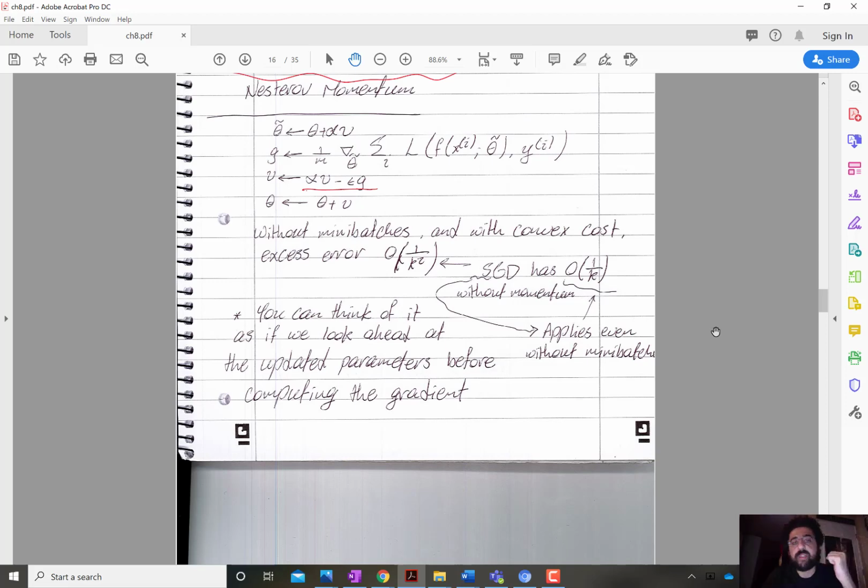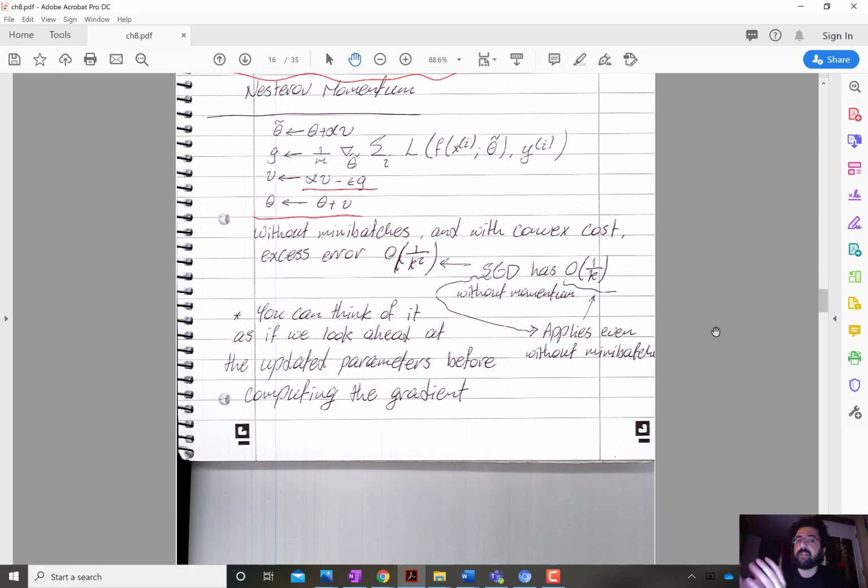And what Nesterov momentum does is that before it computes the gradient, it exploits the fact that we already know the alpha v, right? So before making the update, you can think of this update to the theta as theta plus alpha v minus epsilon g.